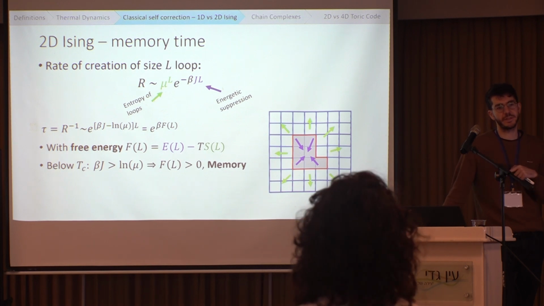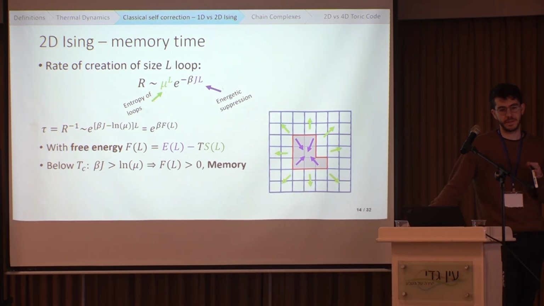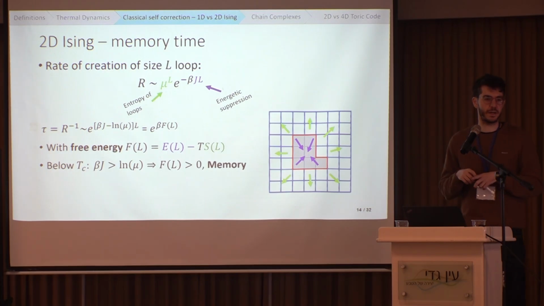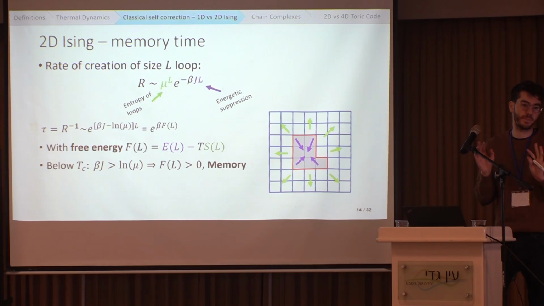So this Ising model is a classical example of systems for which we checked whether they remember, whether they have memory. We started from some initial configuration. We assigned a logical bit for the configuration, and we asked whether we stay there over time.